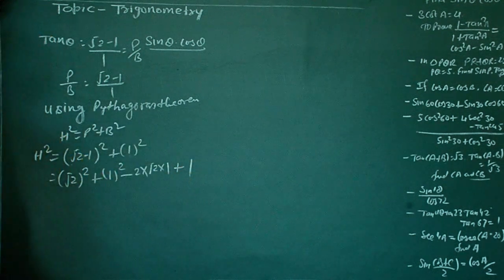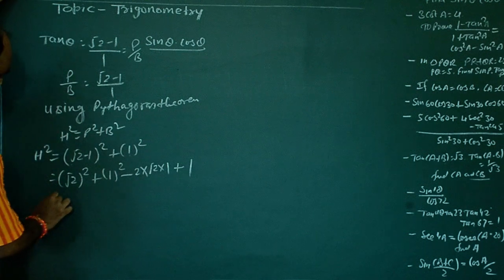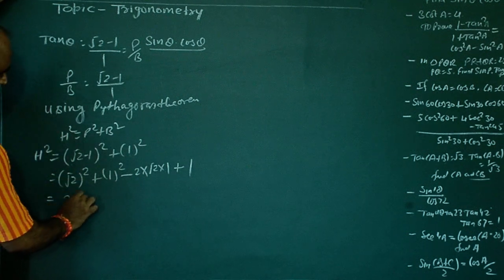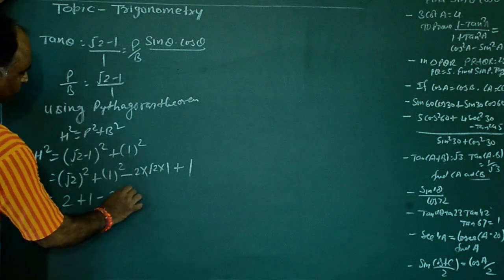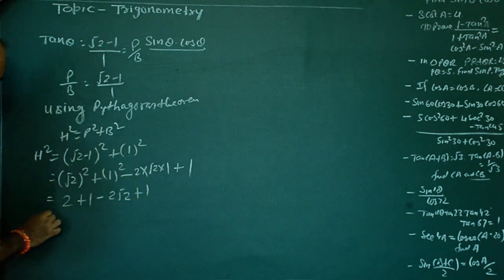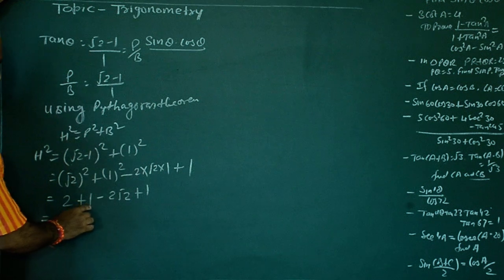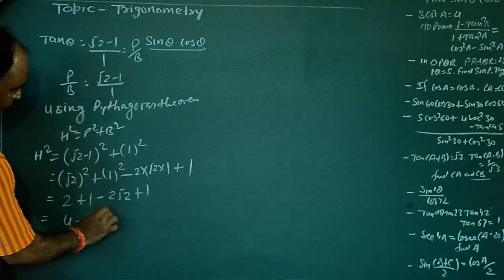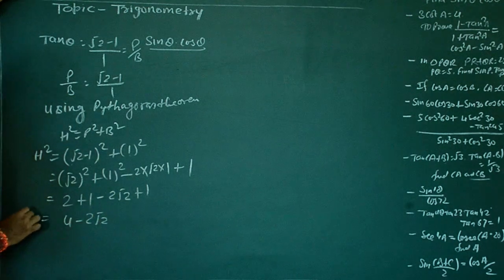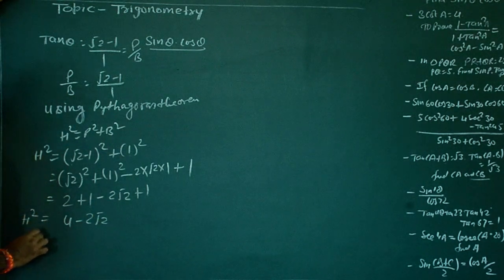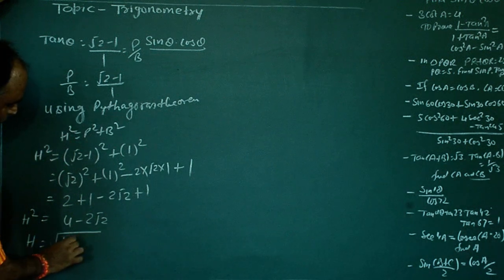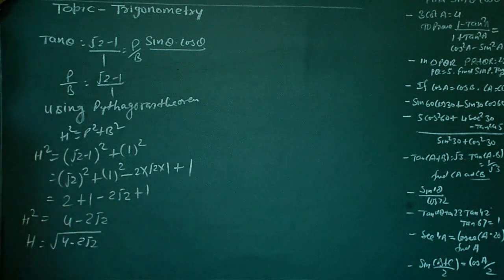Root 2 square gives 2, then 1 minus 2 root 2 plus 1. Now 2 plus 1 is 3, plus 1 is 4, minus 2 root 2. This is the value of H square. So the value of H is root of 4 minus 2 root 2.